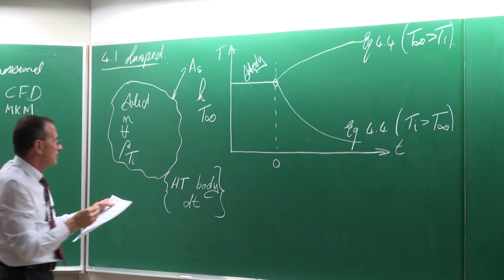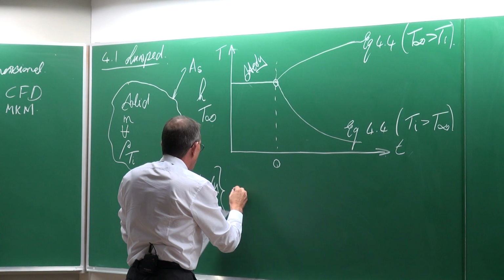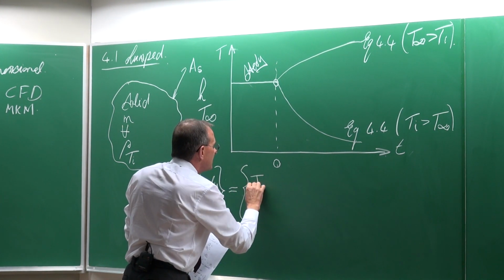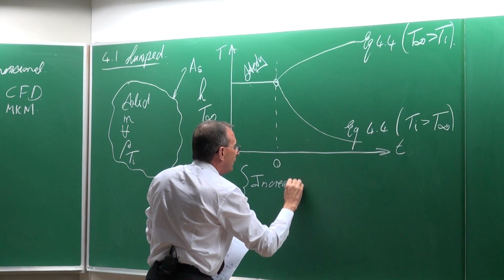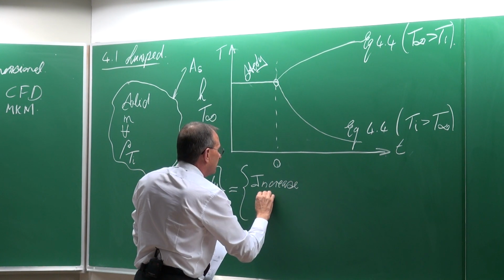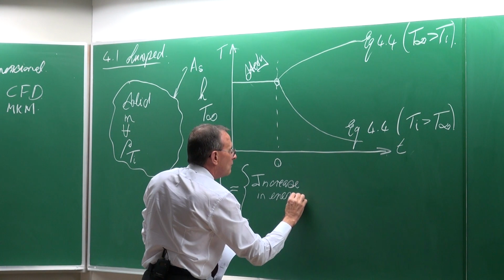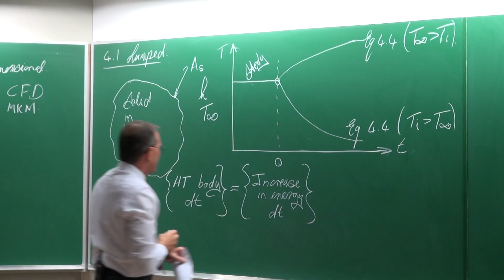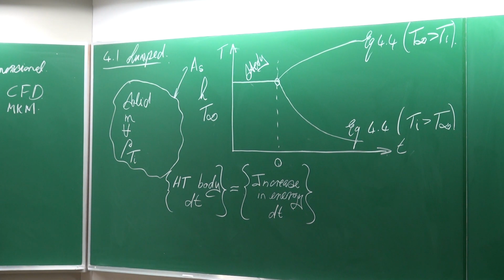So the heat transfer into the body during dt should be equal to the increase in the energy during dt. So the heat transfer into the body should be the increase in energy of the body.